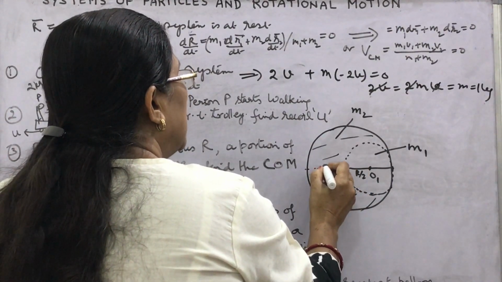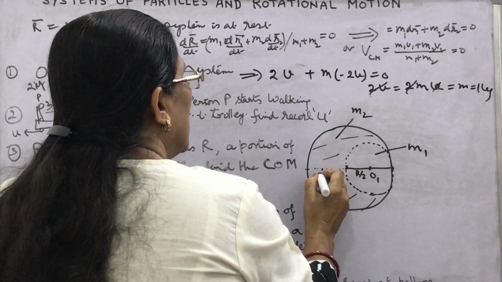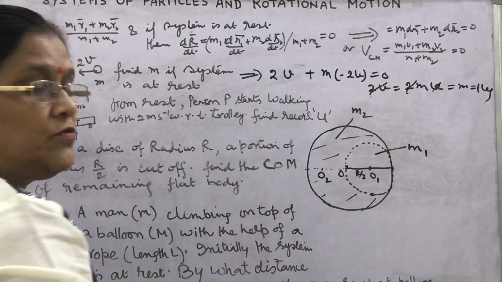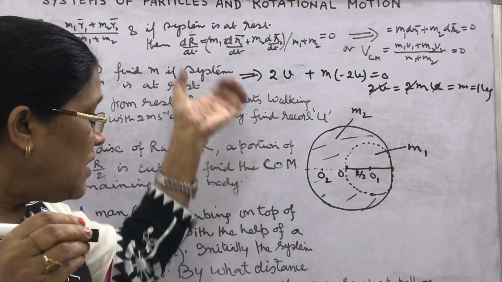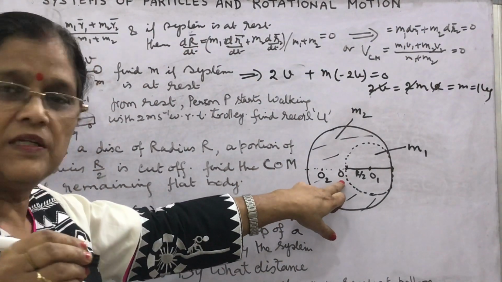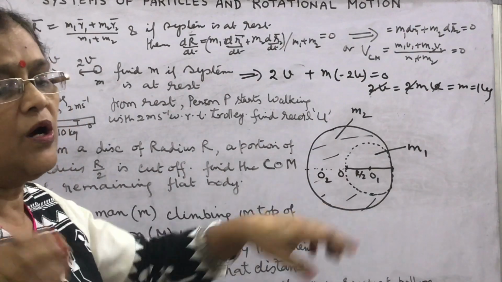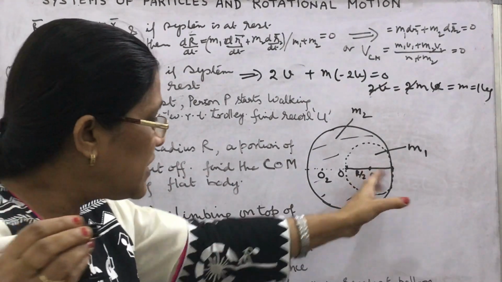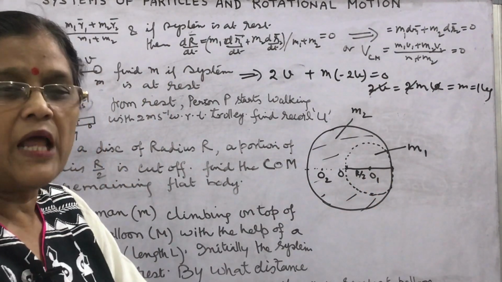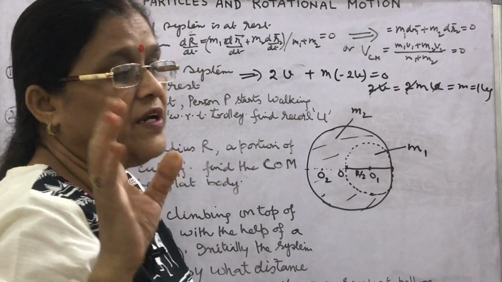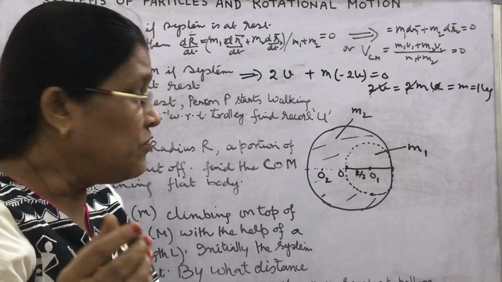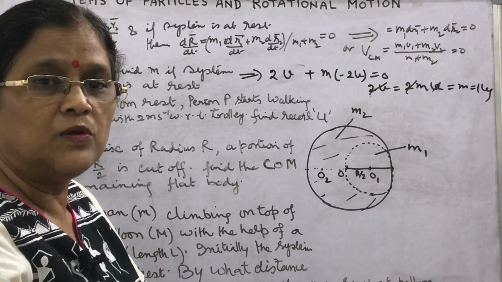Suppose it is here at O2. So what can you say? In the beginning, the center of mass of the whole disc is at its center O. Now when the M1 portion of radius r/2 is cut off, M1 and M2 are supposed to be concentrated at O1 and O2 with respect to O.